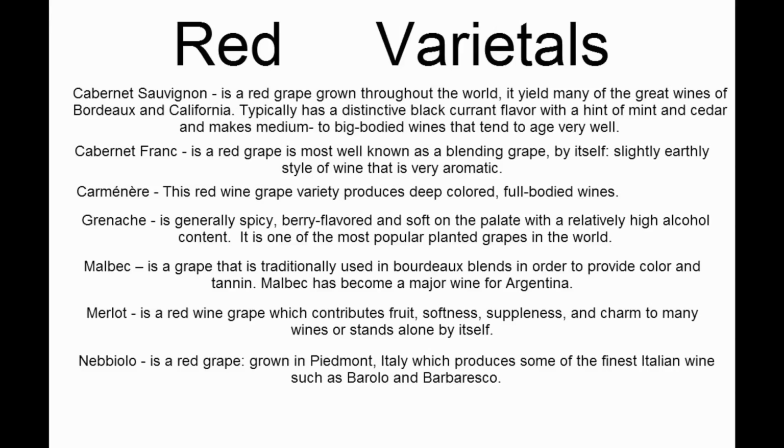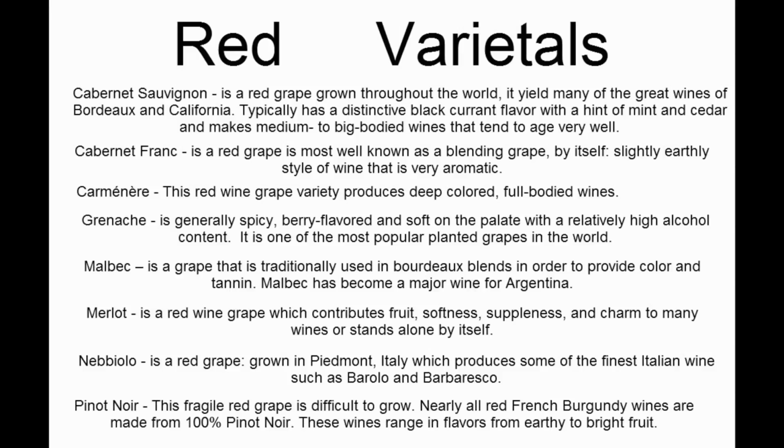Nebbiolo is a red grape, grown in Piedmont, Italy, which produces some of the finest Italian wines such as Barolo and Barbaresco. Pinot Noir, this fragile red grape, is difficult to grow. Nearly all red French Burgundy wines are made from 100% Pinot Noir.